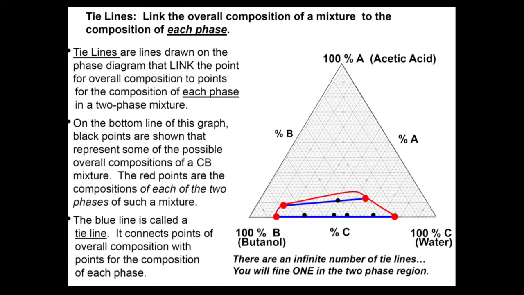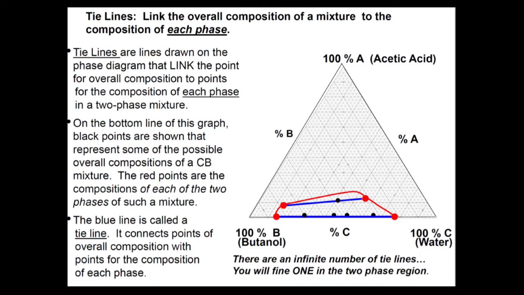And you might ask, well, how are we going to figure out where the red points are if we don't know the compositions of the butanol and the water? But actually we do, because we have already mapped out that boundary line. So all we need to do, let's say for the upper layer, we've got a certain percent by mass of acetic acid.